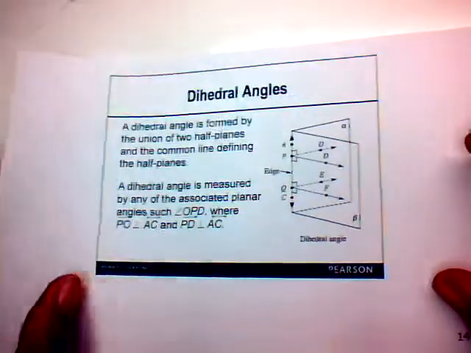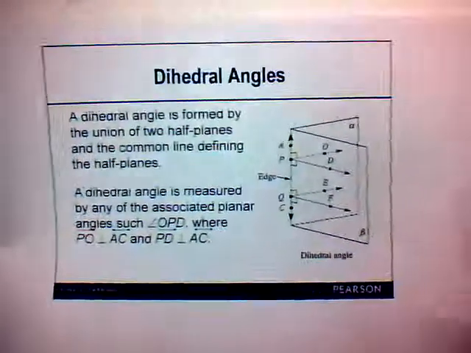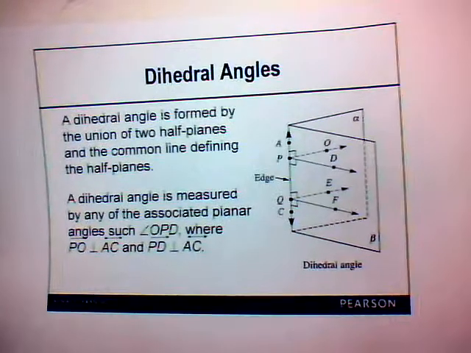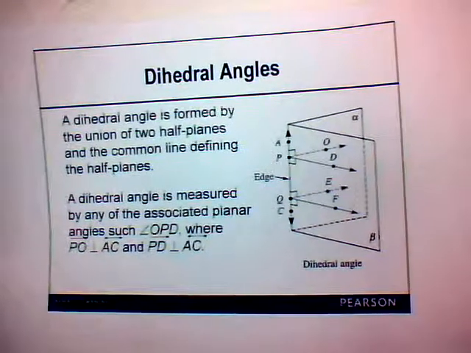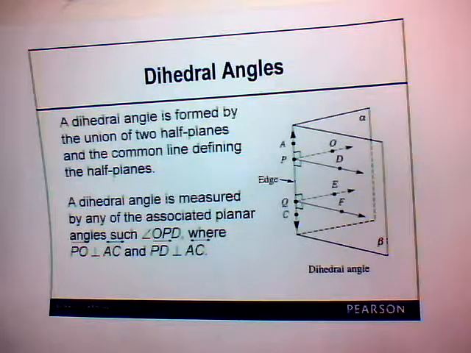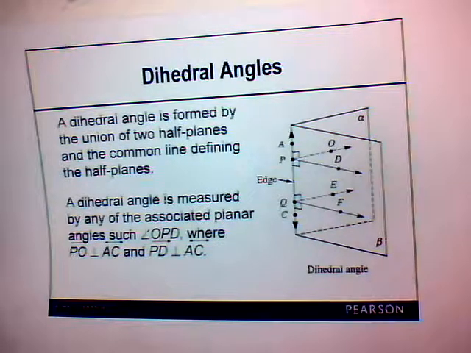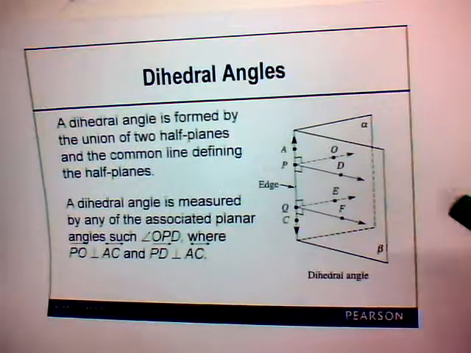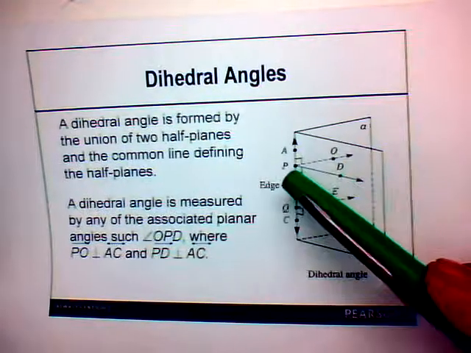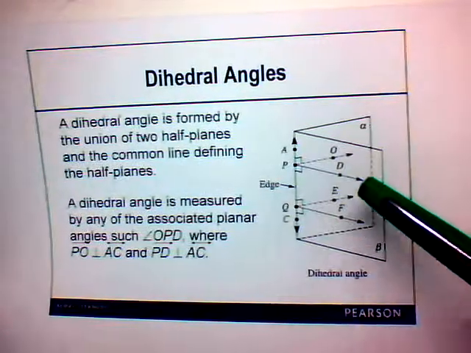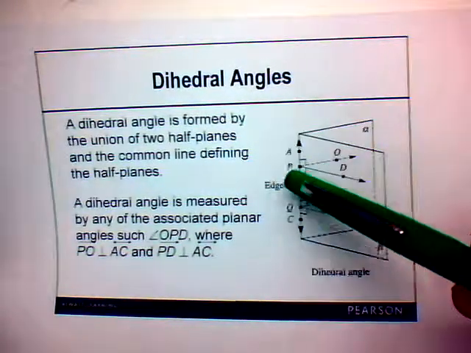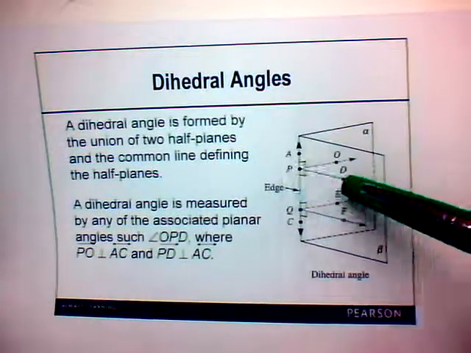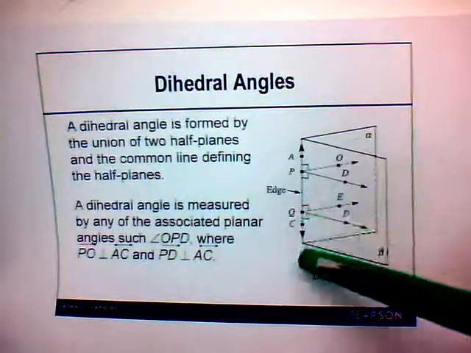Okay, last thing is a dihedral angle. A dihedral angle is formed by the union of two half planes and the common line defining the half planes. And a dihedral angle is measured by any of the associated planar angles, such as angle QPD. Here's QPD, where PQ is perpendicular to AC and PD is perpendicular to AC.